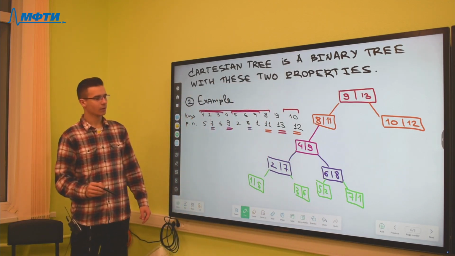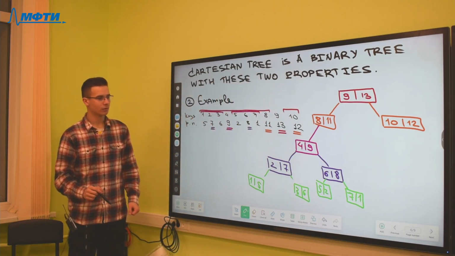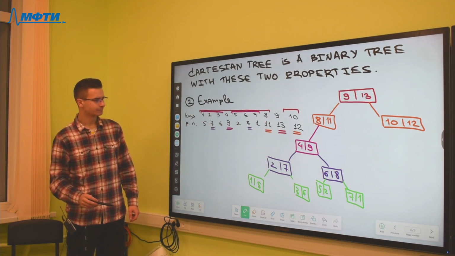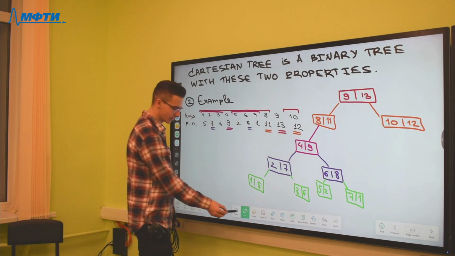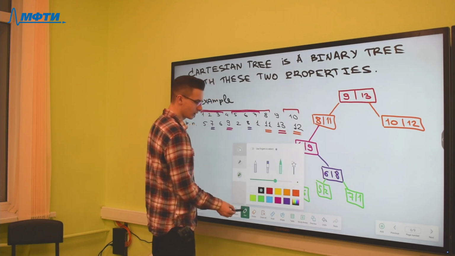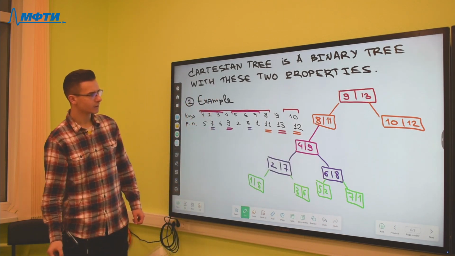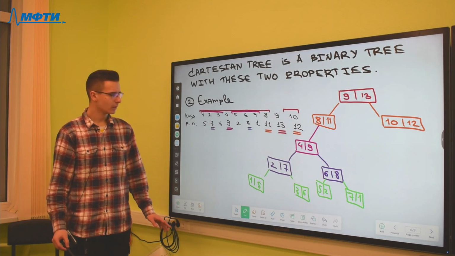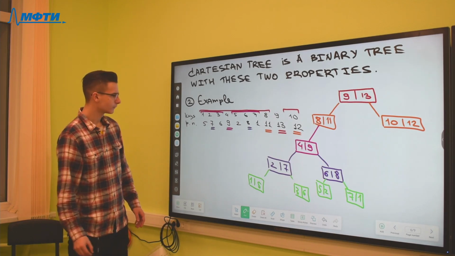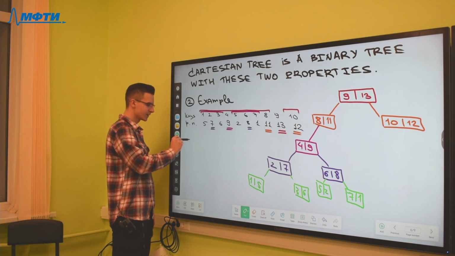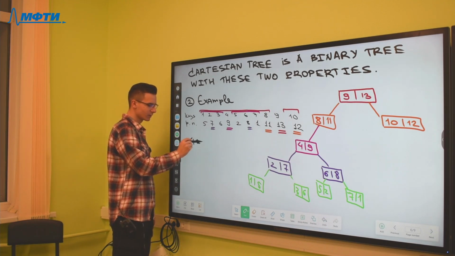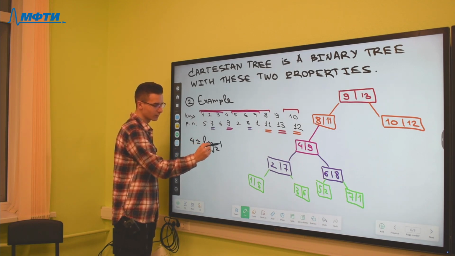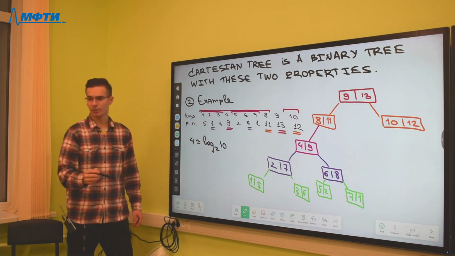Okay. And we have a Cartesian tree. Firstly, we can compare the height of this tree. It is equal to 4 or 5, yeah. And we see that it is nearly equal to this number.